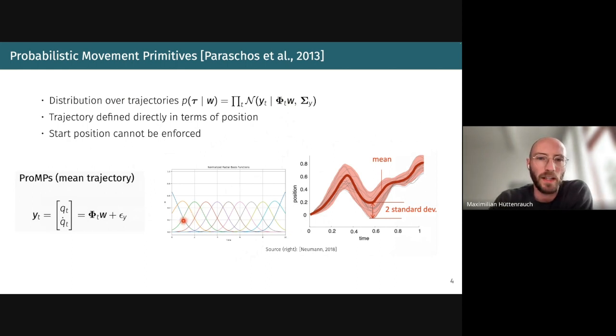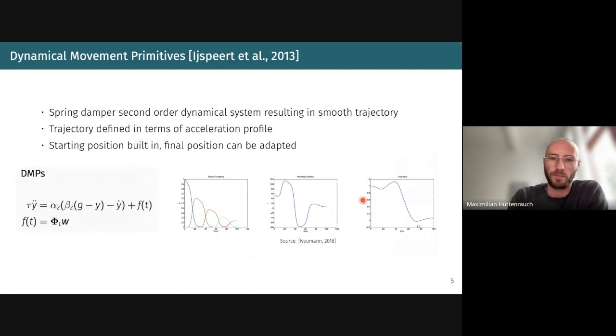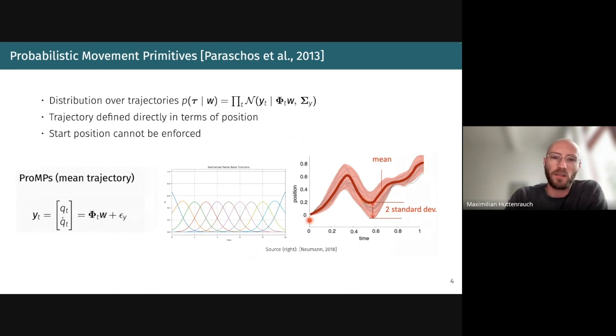This is a plot of this matrix. If you can count them, there are 11 of these radial basis functions, and let's say it's a discretization in time of 100 time steps. So we have a 100 time steps times 11 matrix times an 11 dimensional vector w. Depending on the weights in w, this can give this bold mean trajectory over time.